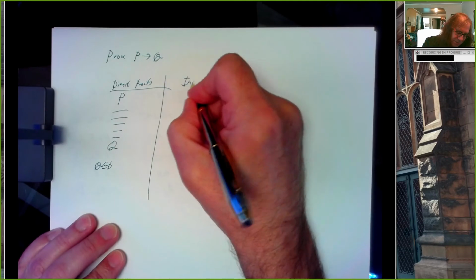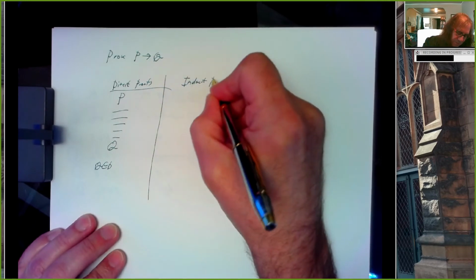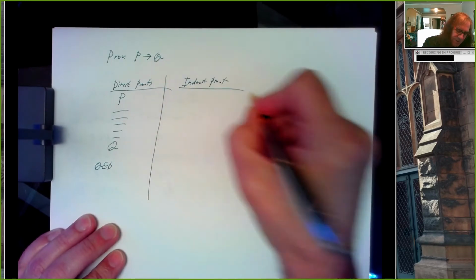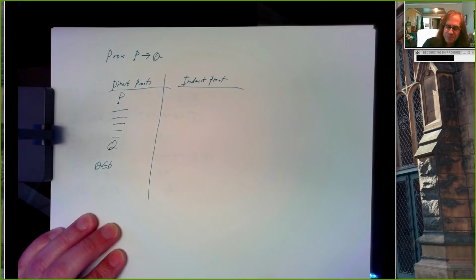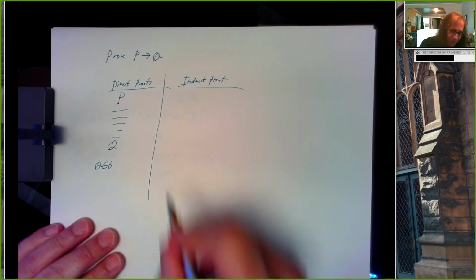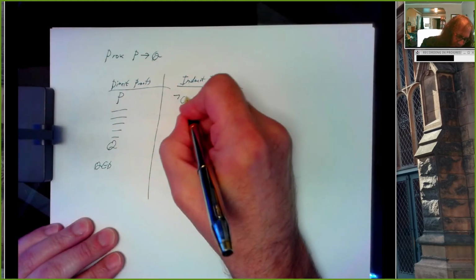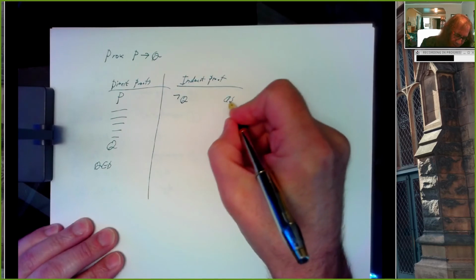Okay, an indirect proof works like this. We're trying to prove if P is true, then Q is true. I'm going to start off with not Q, and this is an assumption.